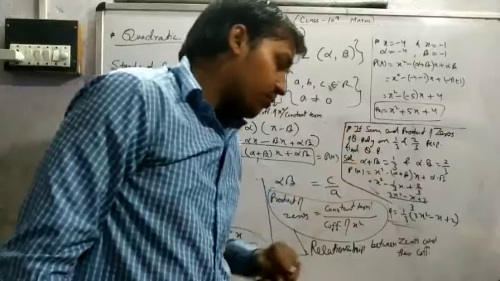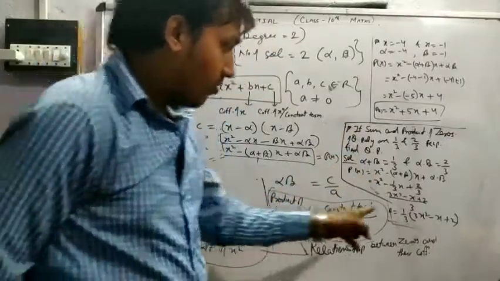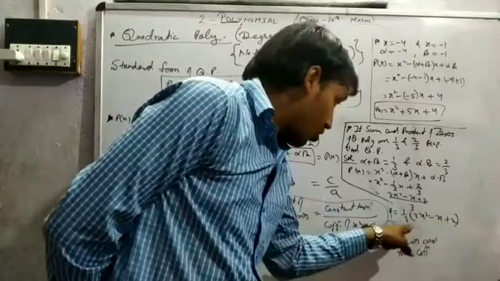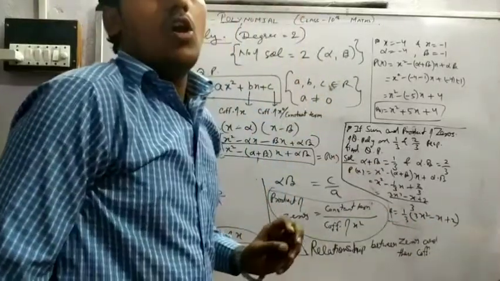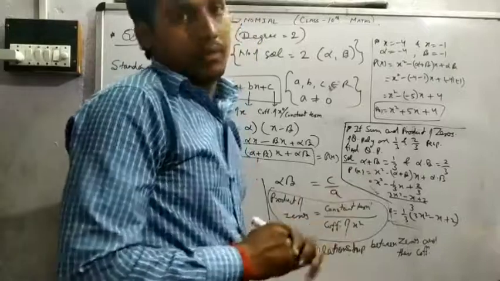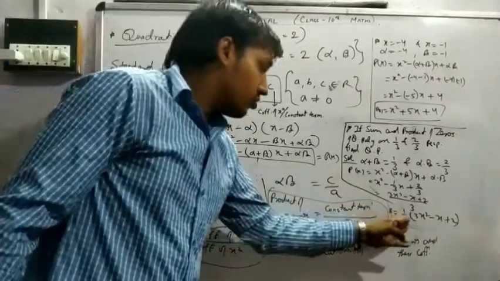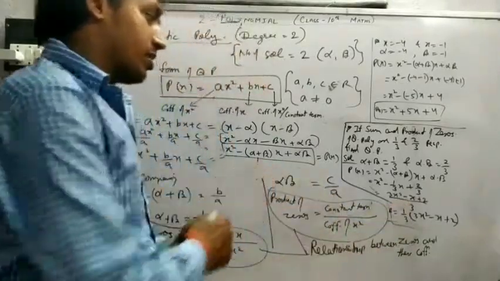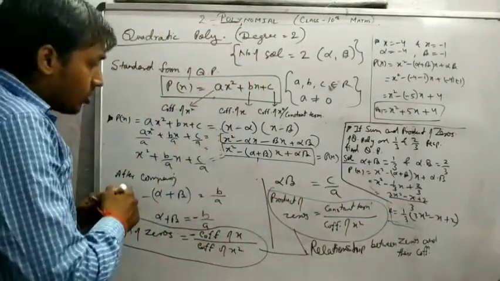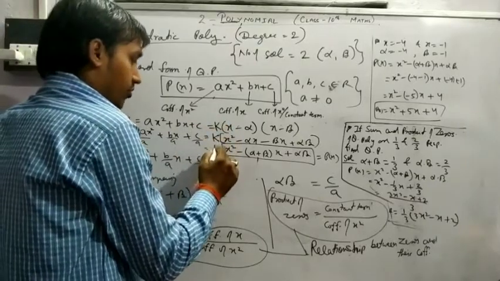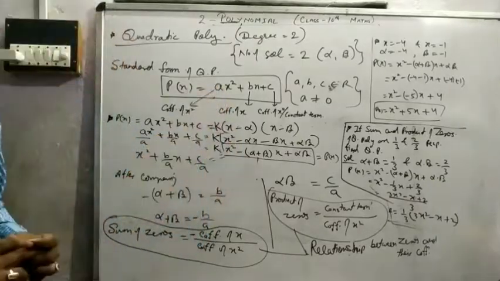Why do we take this example? Here 1 upon 3 is outside, that's the standard form ax square plus bx plus c. What is 1 by 3? 1 by 3 is any constant number, which we put outside the polynomial. So we can also write k for any constant value.